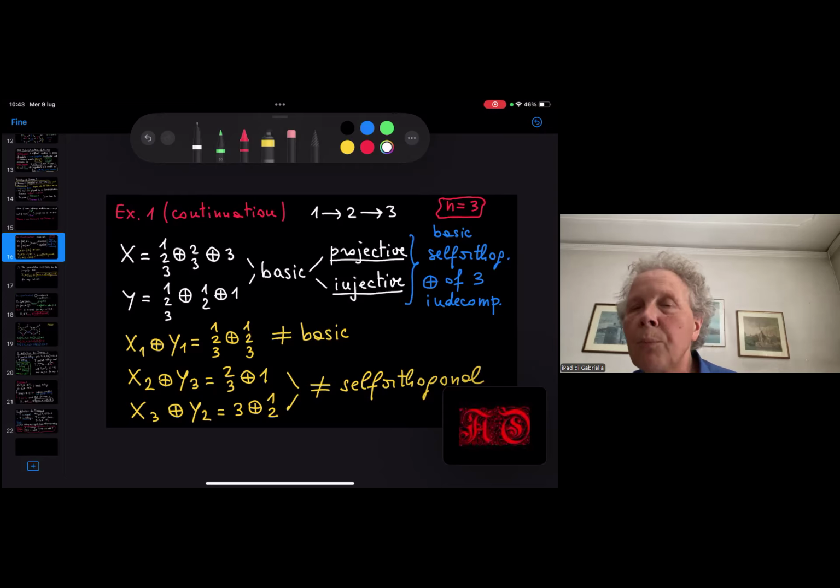So the number of their indecomposable summands is equal to the number of simple modules.